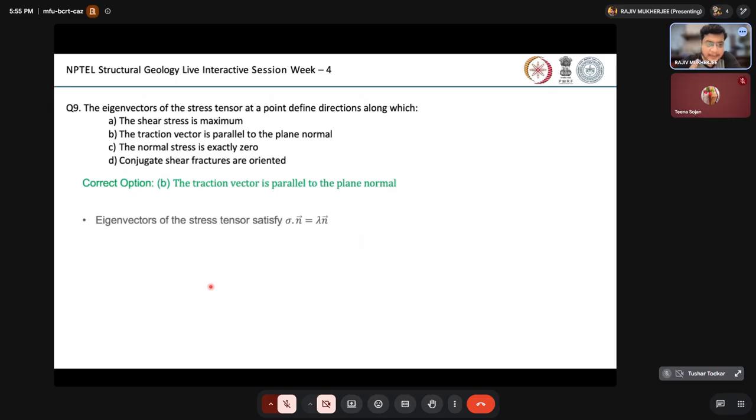Now, if we introduce the eigenvectors of a stress tensor, it will satisfy this equation. You have already gone through this equation. So how are these eigenvectors calculated? We get a normal, and we multiply that with this. So this is essentially the tensor, right?